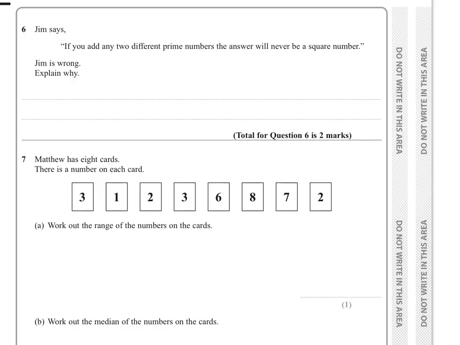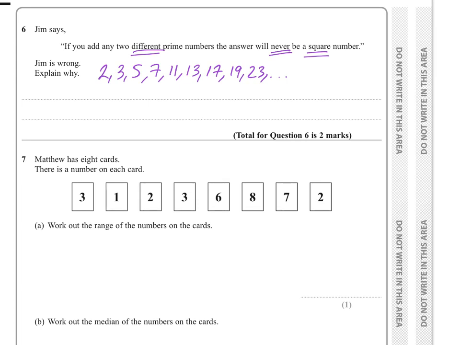Question 6. Jim says, if you add any two different prime numbers, the answer will never be a square number. And that's never will be a square number. So let's write the prime numbers down. 2, 3, 5, 7, not 9, but 11, 13, 17, 19, 23, and so on.